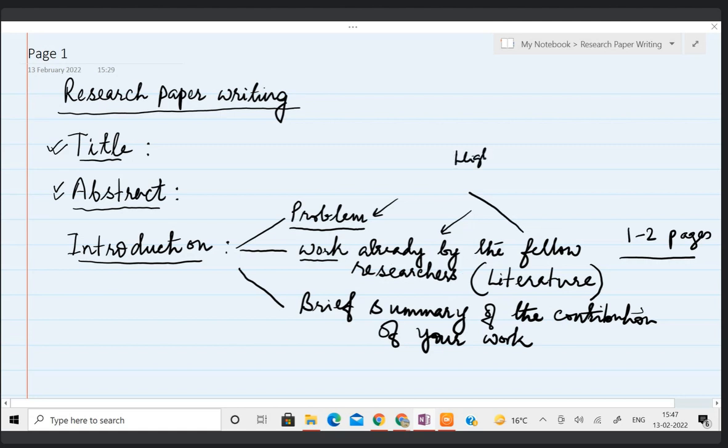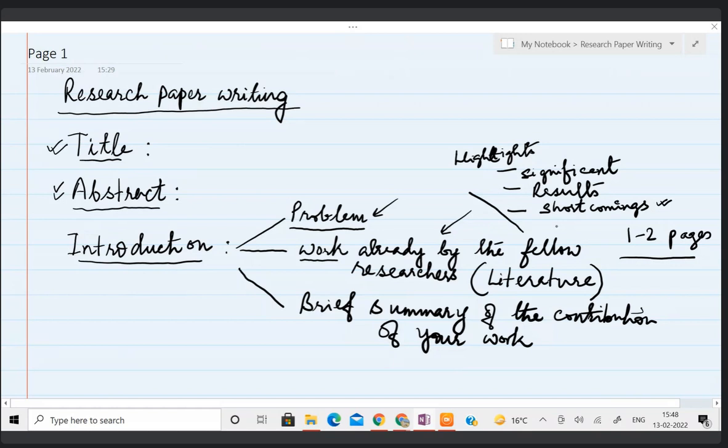So the highlight should be to mention the significant contribution of the various researchers, and then you should also report the results that have been reported by researchers, and the shortcomings, if you are able to identify them, that is quite good.